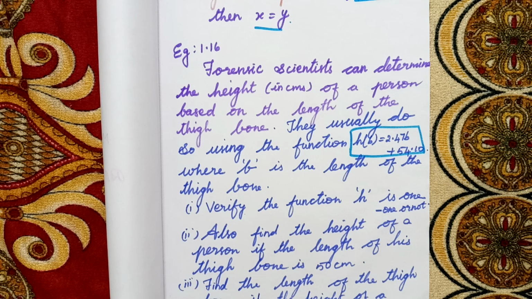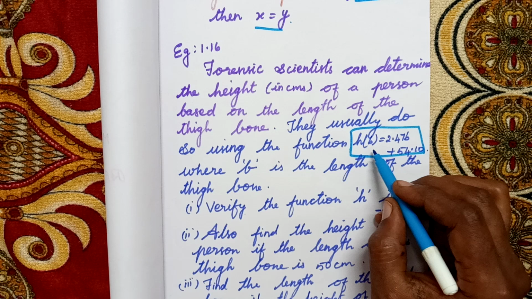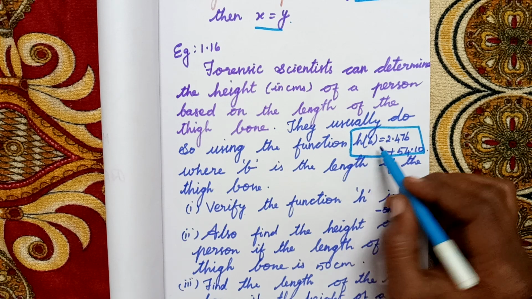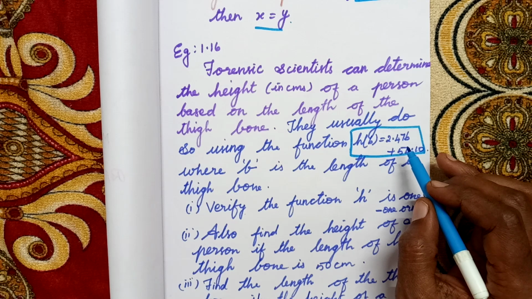Based on the length of the thigh bone, they are determining the height of a person. Whether it is one-one or not, that we have to prove. First, listen here. In place of h of b, we can take h of b1 and h of b2. Two different values we have to take.